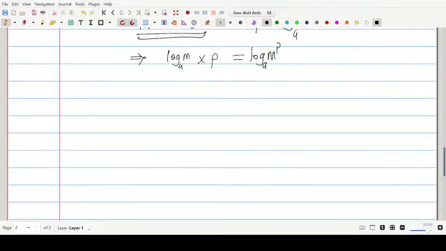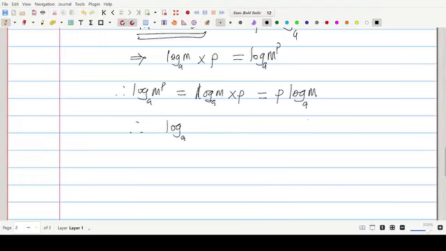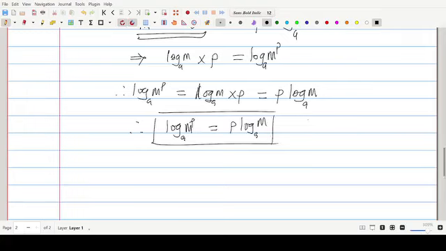Now, rearranging this, we have log to the base a of m to the power p equals log to the base a of m multiplied by p, which can be briefly written as p log to the base a of m. So what are we saying? We gather that log to the base a of m to the power p can be written as p log to the base a of m, and this is the result.